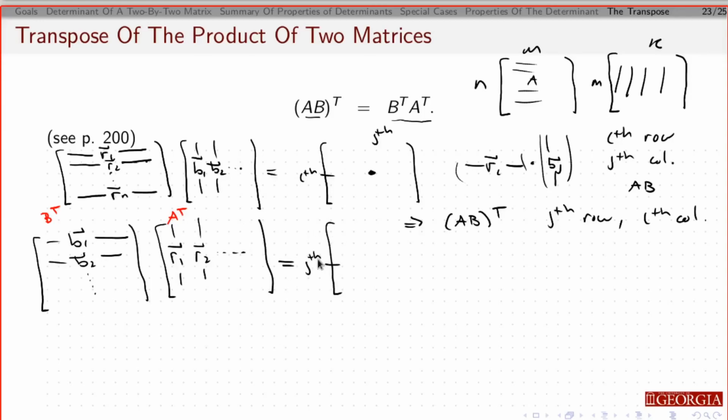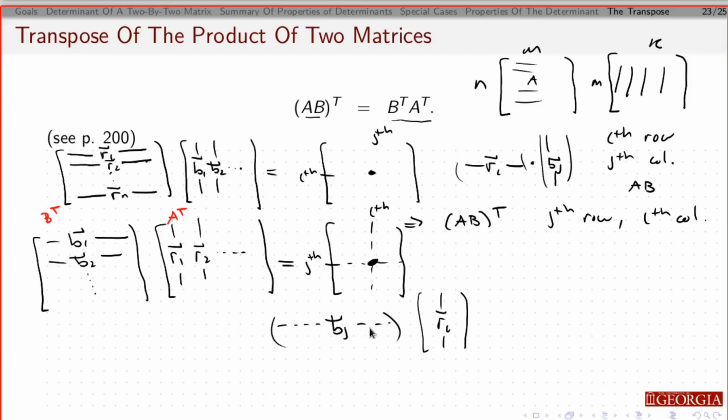I'm after the jth row and the ith column. I want to know, what is that element? So that's going to come across the jth row of B transpose and down the ith column of A transpose, like that.